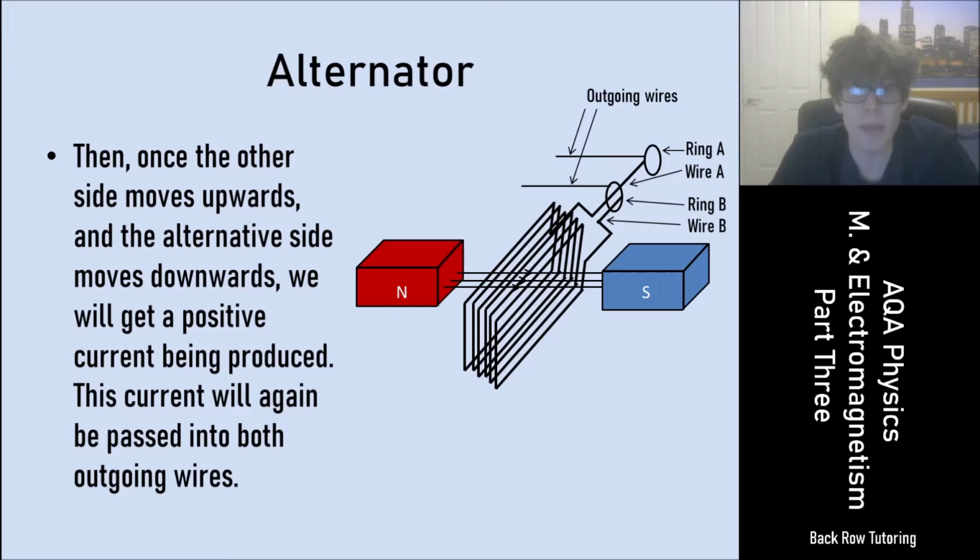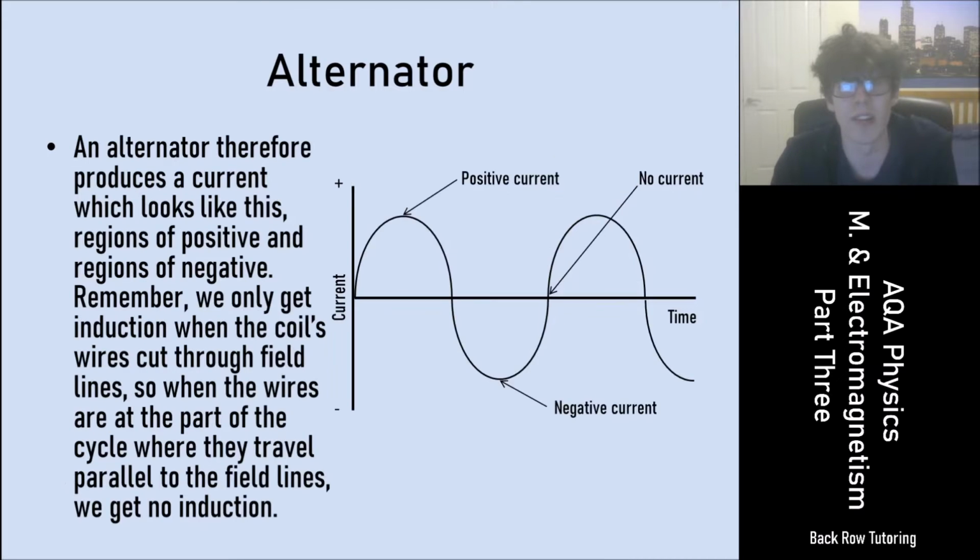This current will again be passed on to both of the outgoing wires, because remember, this part of the coil here is always touching wire B, and this part of the coil here is always touching wire A. So that means both of the wires are going to get a constant alternating current, because you get part of the current in the positive and part of the current in the negative. So both wires are going to get an alternating current.